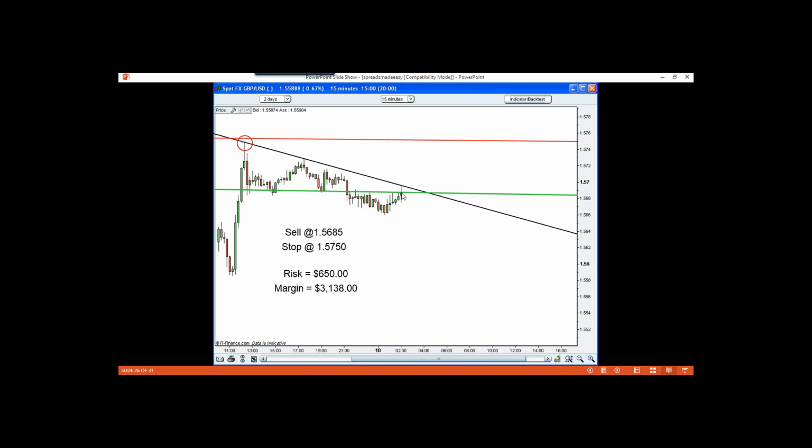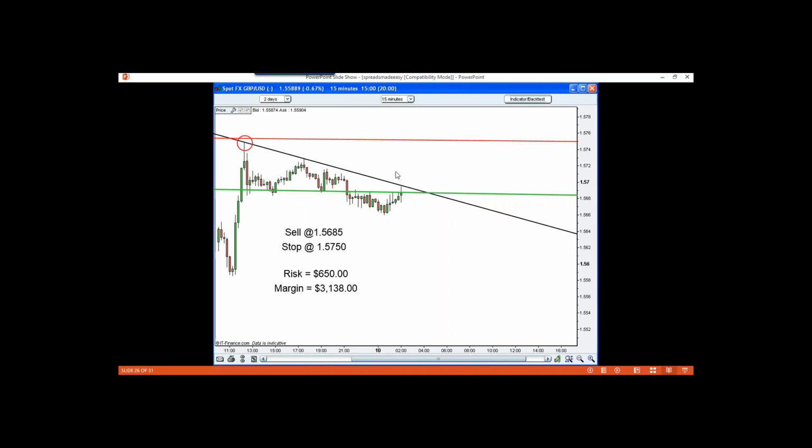I think the market's going to go down. But I want to have protection, right? I want to be ready. What if I'm wrong and the market goes against me? So I think the market's going down, but I'm wrong and the market goes up. So every tick that it goes up, I'm losing money.